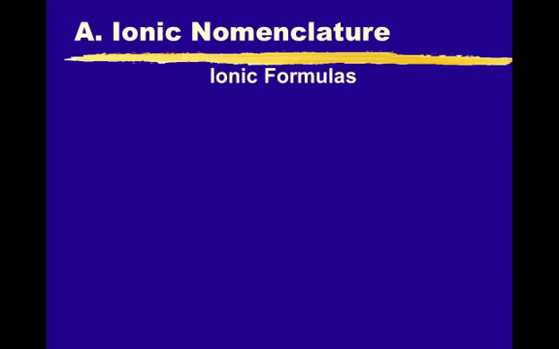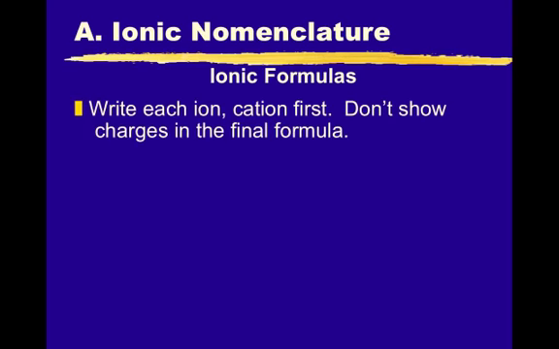Alright, ionic formulas. Remember, formulas contain symbols and numbers, and the names are just that, the names. So, how to get ionic formulas: you write each ion first, the positive one, the cation, first.